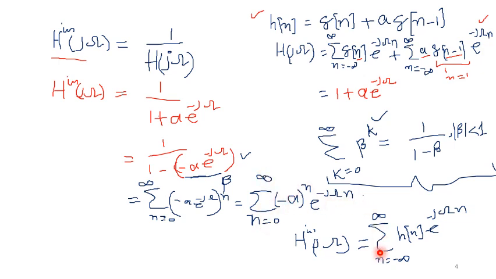So if you compare these two equations, you can say that basically h of n equals this. You understand? Because we are not summing from minus infinity, we are actually summing from 0.